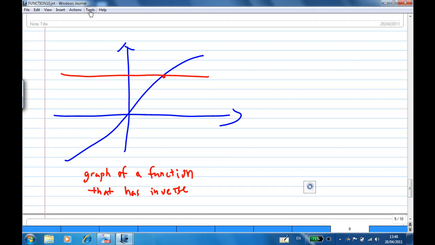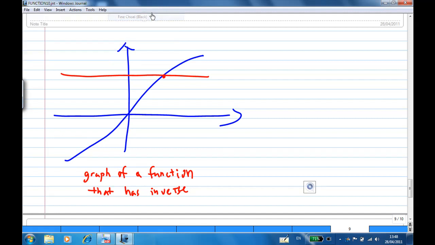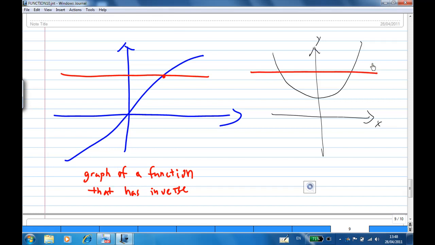On the other hand, if I have a graph that looks like this, then if I draw a horizontal line, I find that it cuts the curve at 2 points, or it cuts the curve at no point at all.